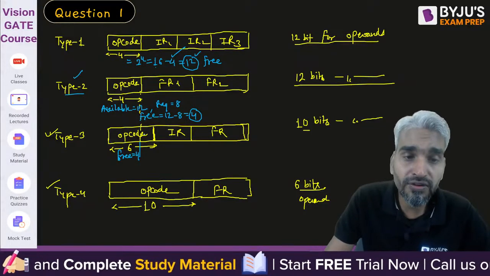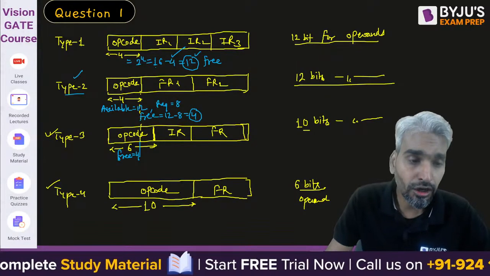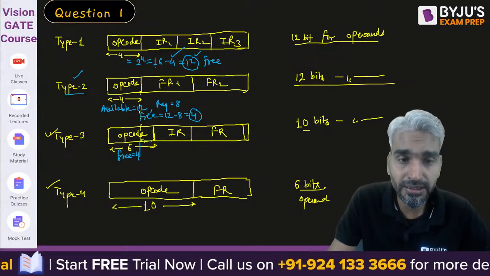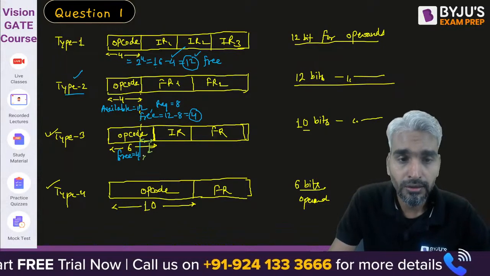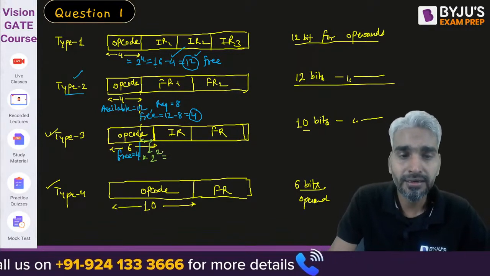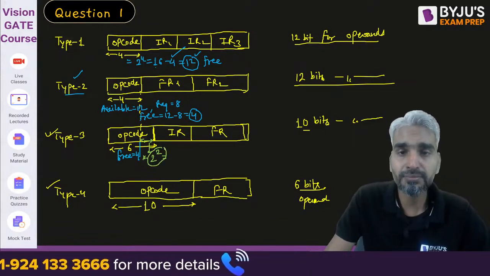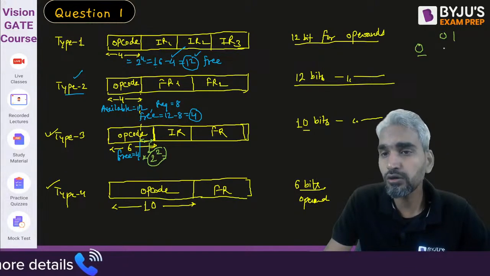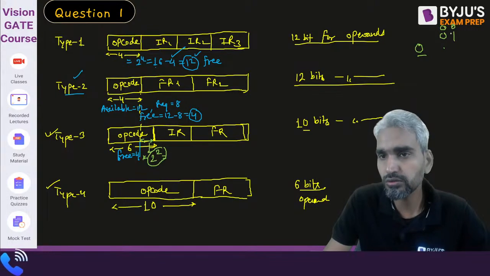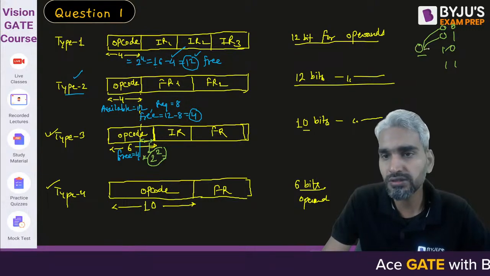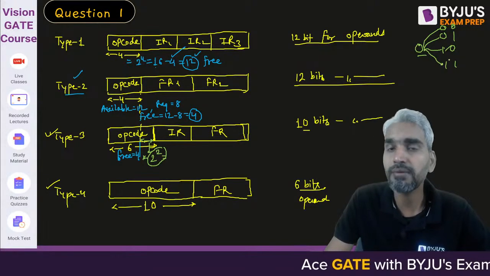The opcode field is expanded by how many bits? See, this is important. The opcode field is expanded by 2 bits. Therefore, this 4 will get multiplied by 2 raised to the power 2. Because, please try to understand, if you have one combination 0 and there are some free patterns 0 0, 0 1, 1 0, 1 1, then the 0 can be combined with 0 0, 0 1, 1 0, 1 1.